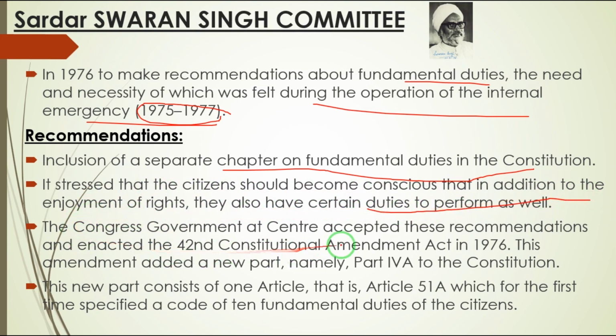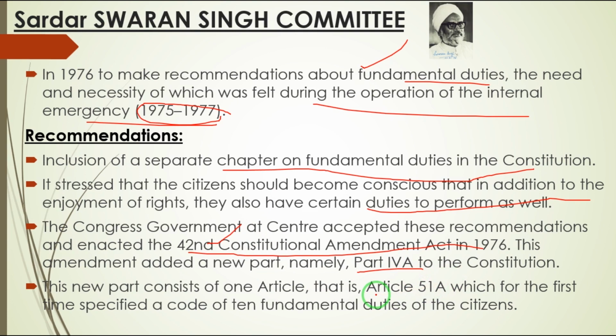The Congress government at the centre accepted these recommendations and enacted the 42nd Constitutional Amendment Act in 1976. This question might be asked: by which Constitutional Amendment Act were fundamental duties introduced into the Constitution. And this Constitutional Amendment Act added Part 4A of the Constitution.